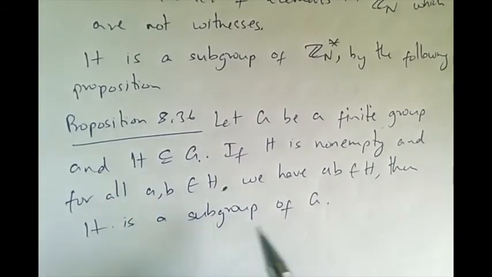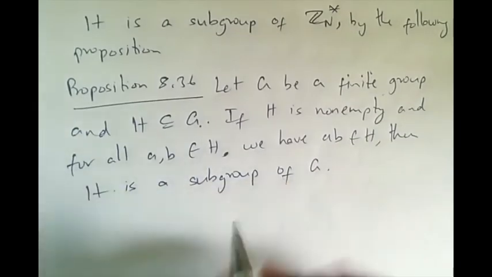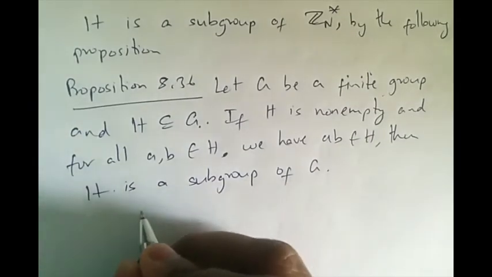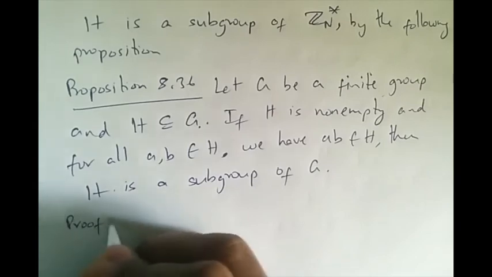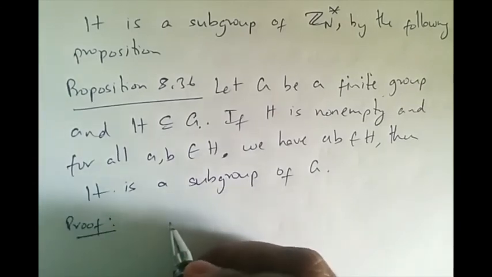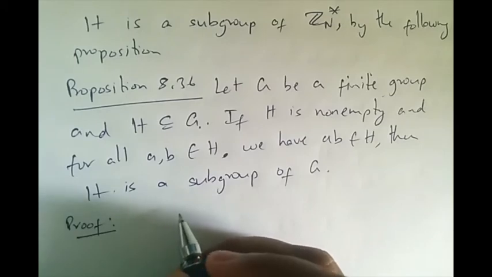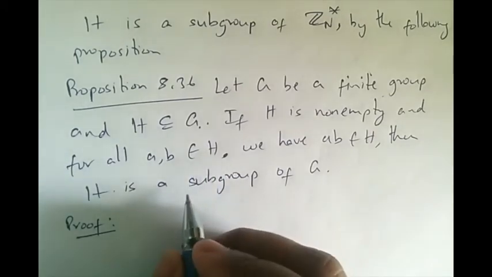So if you now look at the proof, we just need to show that the inverse of A exists for any A in H, because the closure is already given to us.